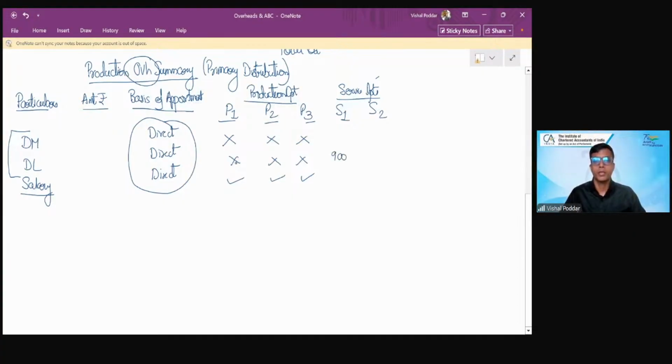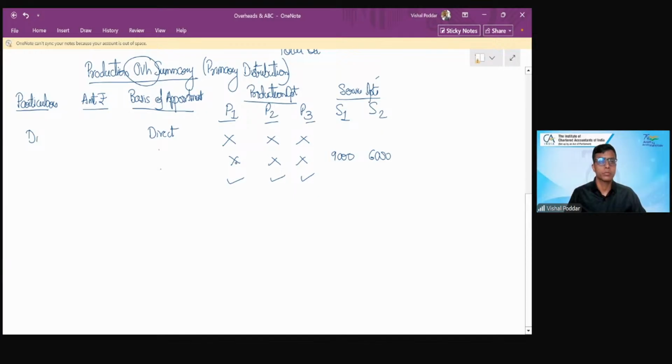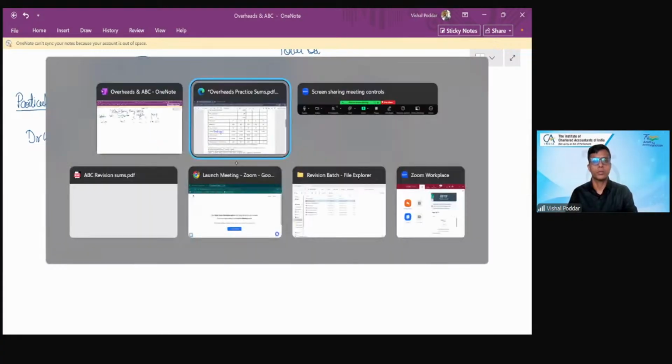Other expenses are not there. This was just to explain you. Okay, I'll write it here. Correct. Direct wages, which is allocated directly to the departments, 9,000, 6,000.